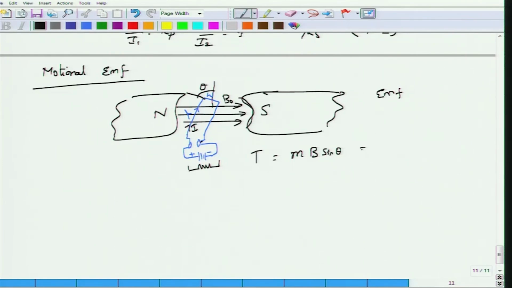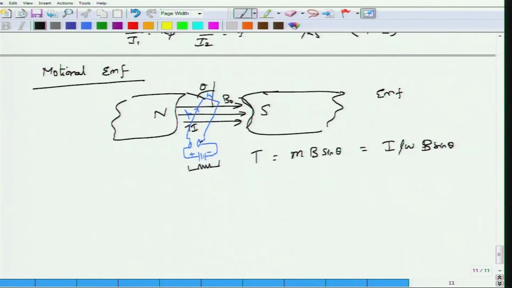And what is m? m is the current times L times W. So, this is the torque that is applied on the charge carriers, which will sustain the current. This torque can also be related to the work that is required.